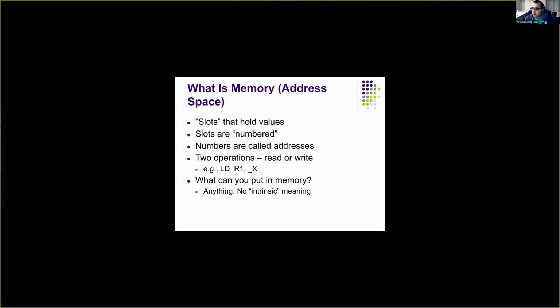Rather, the interpretation of the value depends on the program that has stored the value. For instance, the value could be an address, or an integer, or a pointer, or a function pointer. Memory doesn't know, whereas the program knows the interpretation of the value.